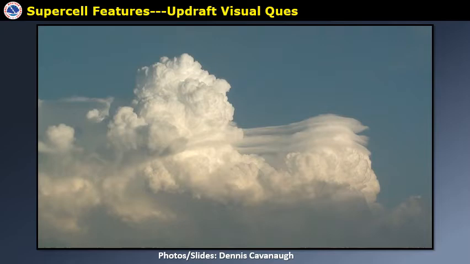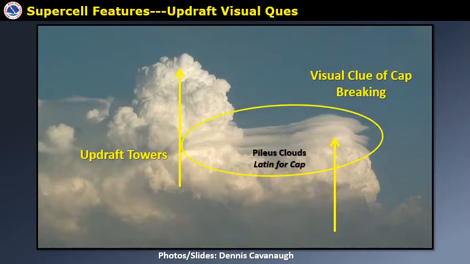Some other visual cues of a strong thunderstorm updraft, especially in supercell environments, is the appearance of the pileus cloud. Pileus is Latin for cap, and the appearance of this cap cloud may infer a weakening of the cap or a strengthening updraft.